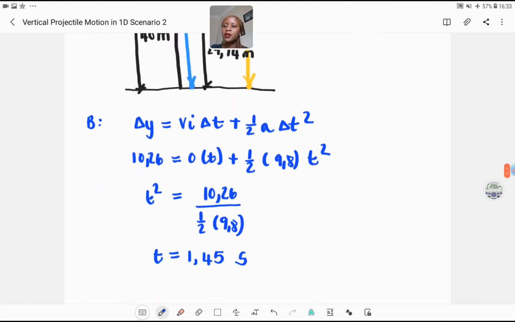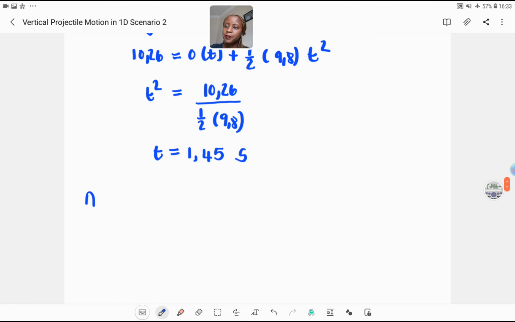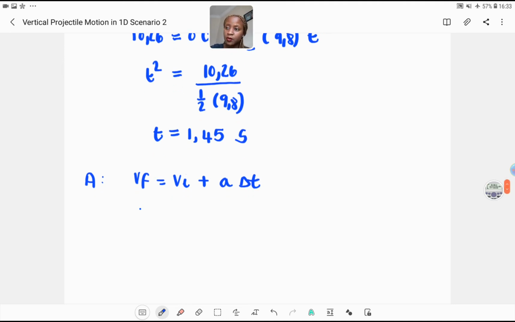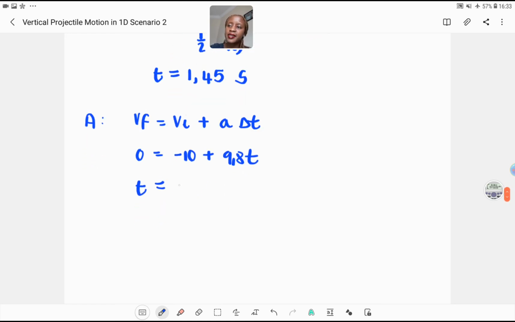Okay. So for stone A, my final velocity is equal to my initial velocity plus the acceleration times delta t. My final velocity is 0. My initial velocity is -10. And my gravitational acceleration is that. So t, if I take 10 to the other side, it will be 10, and then I have to divide by 9.8.